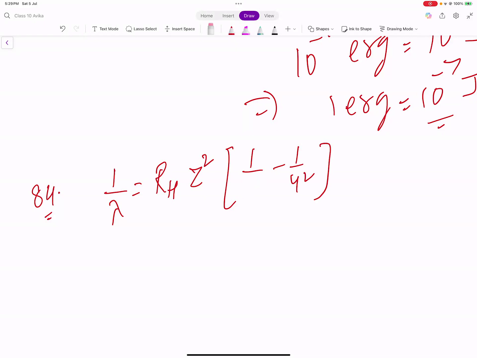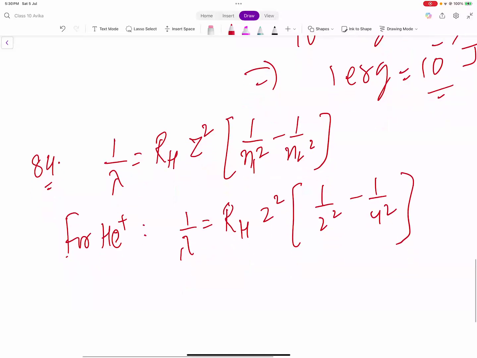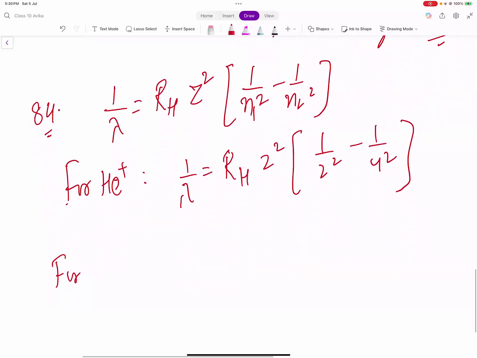First write the formula here. For helium plus, 1 by lambda is equal to RH into 2 square into 1 by 2 square minus 1 by 4 square, right? For hydrogen, 1 by lambda, because the wavelength is same, is equal to RH into 1 square, and we have to find out N1 square minus N2 square.